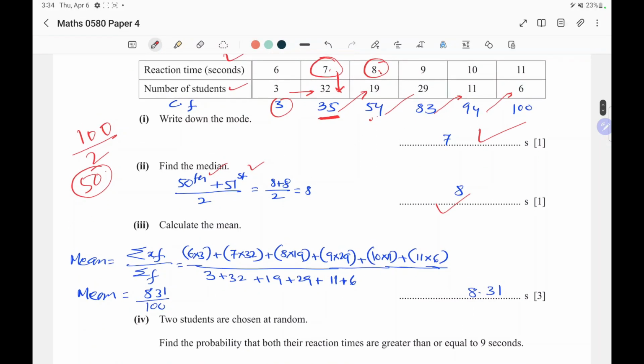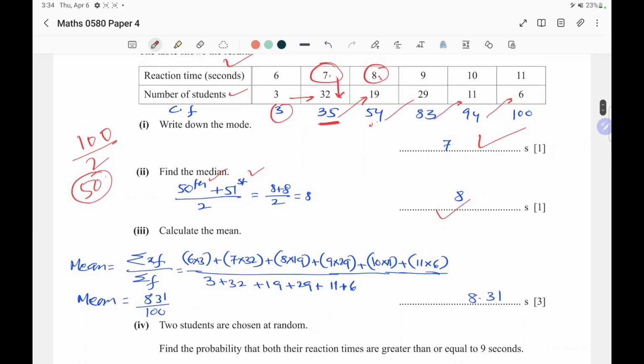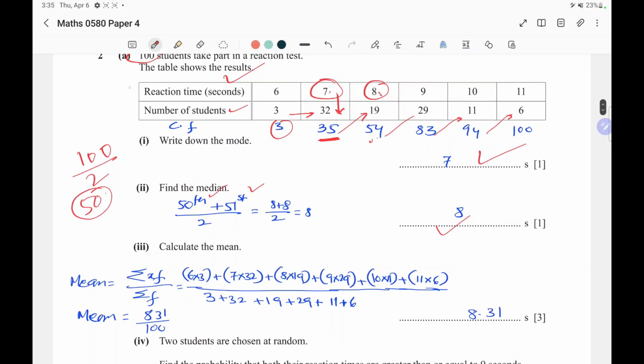Now calculate the mean. Here that's a simple question, we know that mean is sigma xf over sigma f. So x means this one, this is considered as x, I mean data, and this is considered as f.